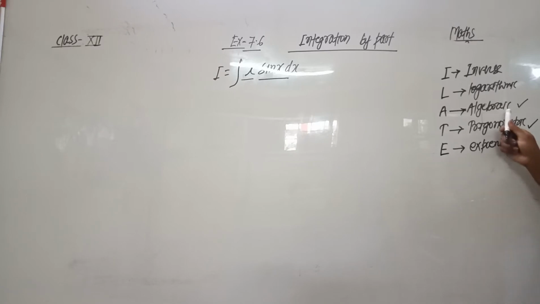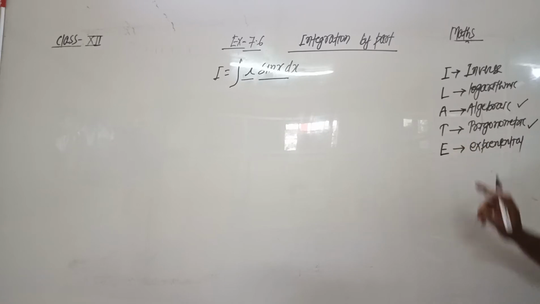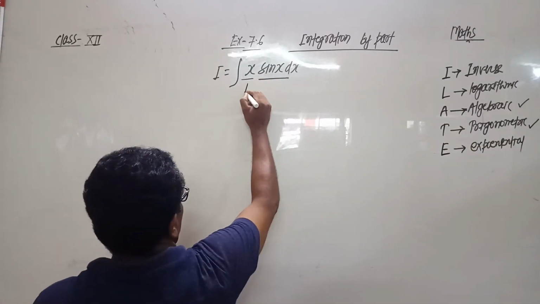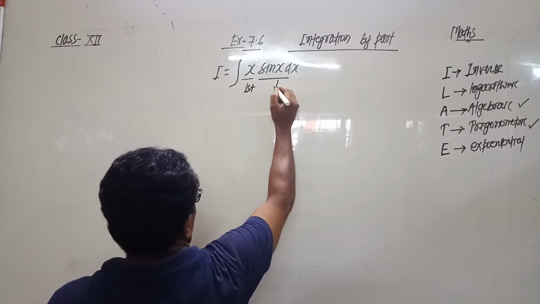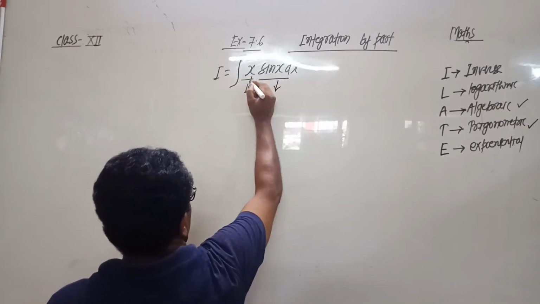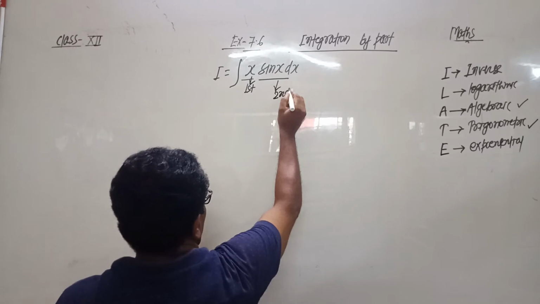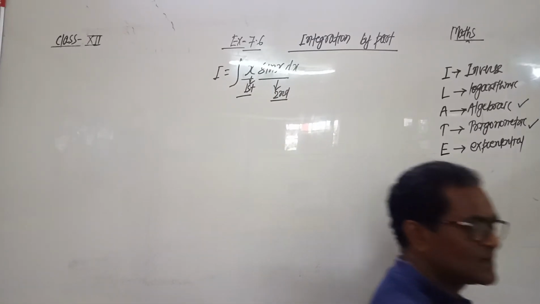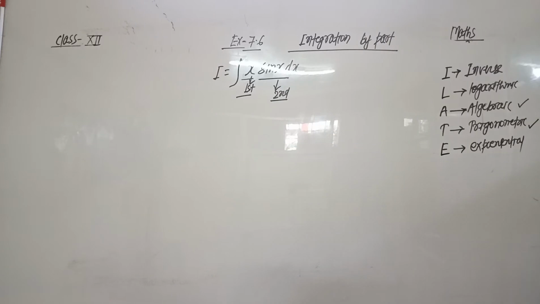So the function which comes first in this formula would be taken as the first function, and the function which comes after that would be taken as the second function. So the algebraic function x would be taken as first function and trigonometric function sin x is taken as second function. So this is the criteria to select the first function and the second function.